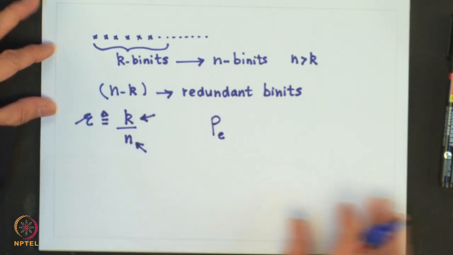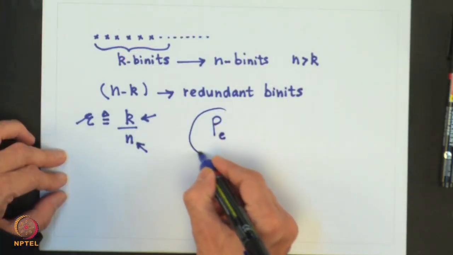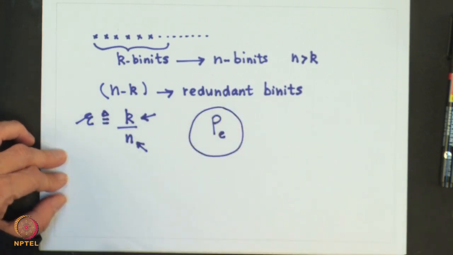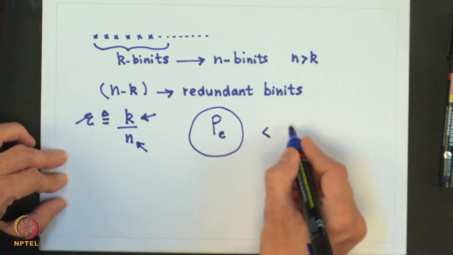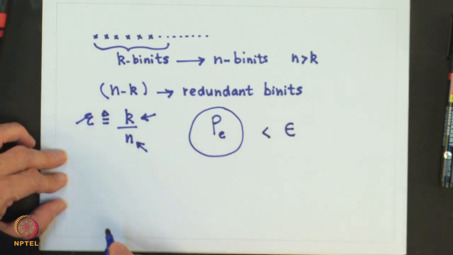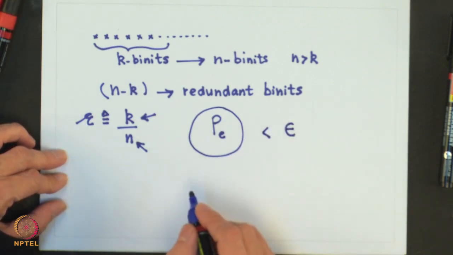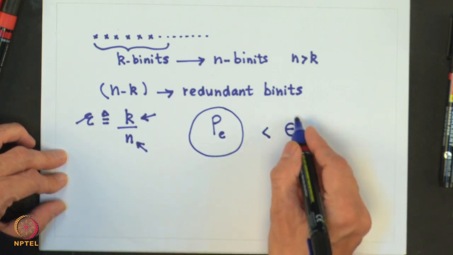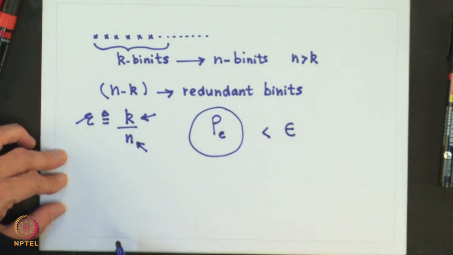So, now the question is that given this scenario, does there exist a sophisticated coding scheme such that the probability that a message symbol will be in error is less than some epsilon? This epsilon obviously is a positive number, and this could be as small as we desire.